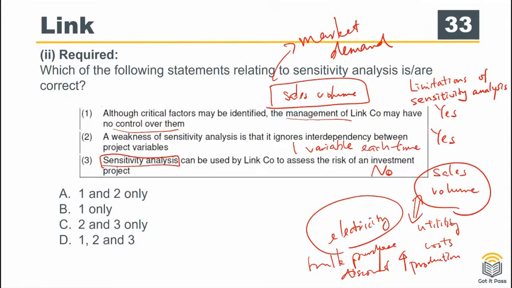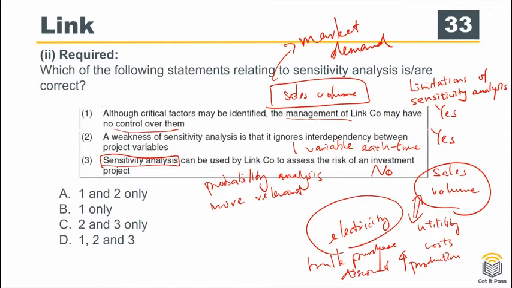Is it a high chance, lower chance, or what's the probability of it? So if you would like to assess the risk of an investment project, the probability analysis is more relevant, because you have different scenarios, and you have different probabilities assigned in different scenarios.